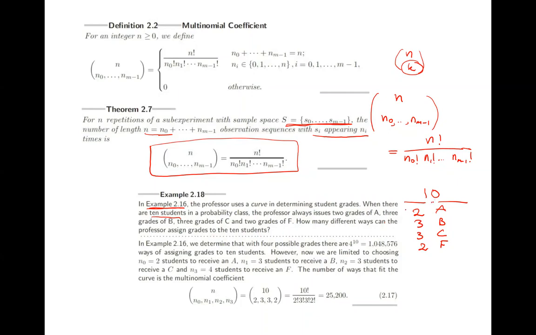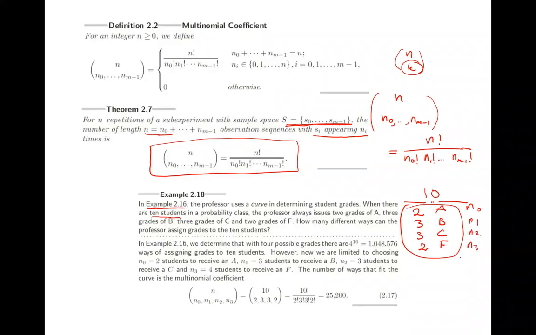So how many different variations of this letter grading? That's the question. So here we have 4 different values. So we have n0, n1, n2, and n3.